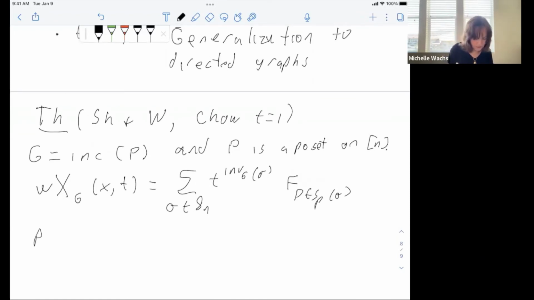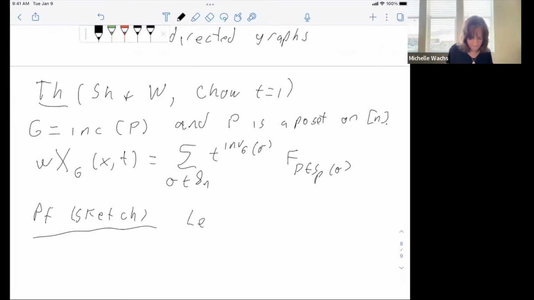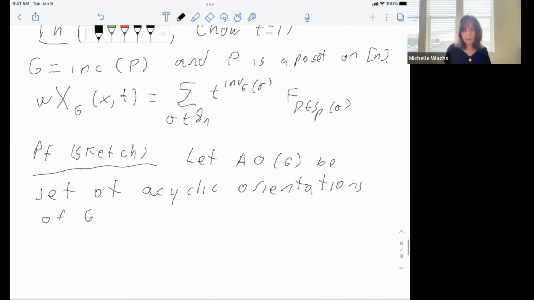So let me sketch the proof. So let A(G) be the set of acyclic orientations of G. So that means we're just giving each edge a direction, so that there are no directed cycles.